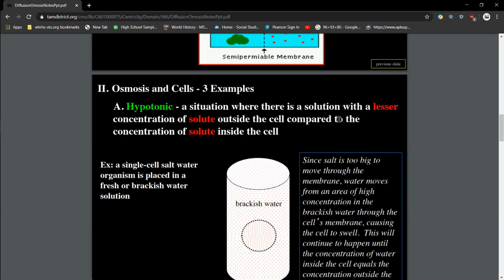Let's take our same example with salt. If you had 2% salt outside the cell and 6% salt inside the cell, that means you would have a higher concentration of salt inside the cell and a lesser concentration of salt outside the cell, which means you would have a hypotonic solution.